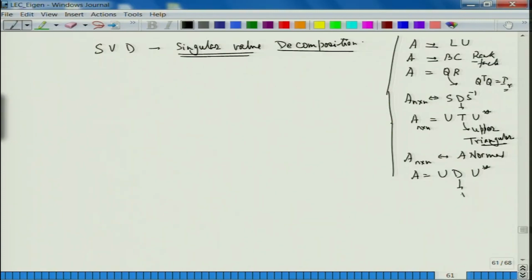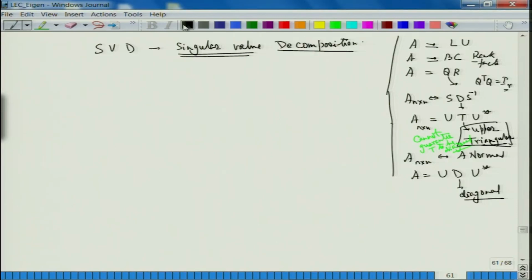So D is diagonal here again. So when A is not normal, I cannot guarantee that this upper triangular matrix T has to be diagonal, all right. That I cannot guarantee. But when it is normal, then I could do it, fine.